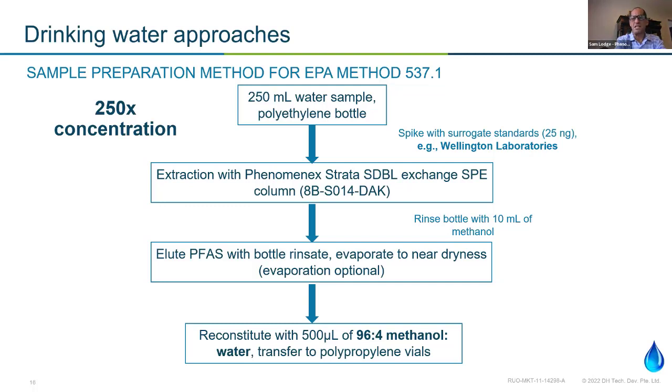But in 2018, the EPA actually revised 537 and emphasized that you cannot use a polymer. This is the first time I've seen this language where it literally said polymers are not allowed. You have to use, or copolymers are not allowed. You have to use SDVB only, which was a very interesting statement.